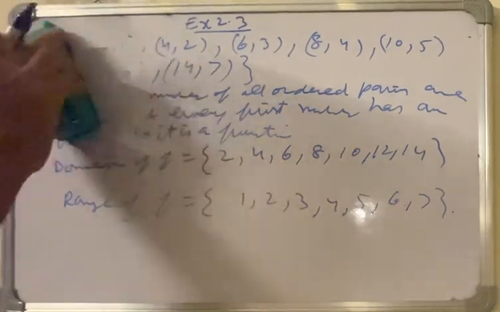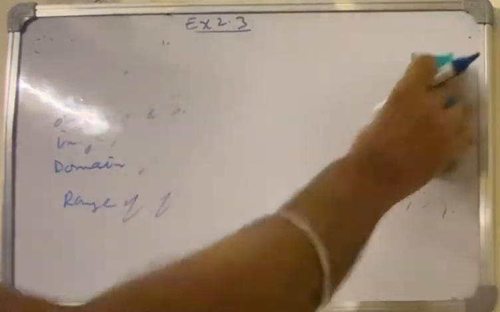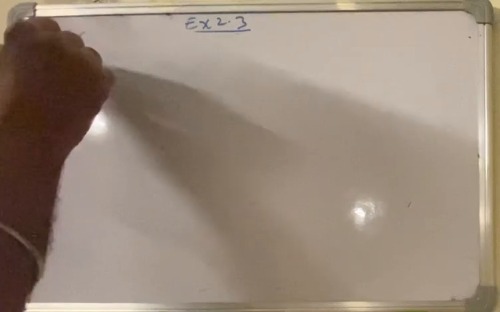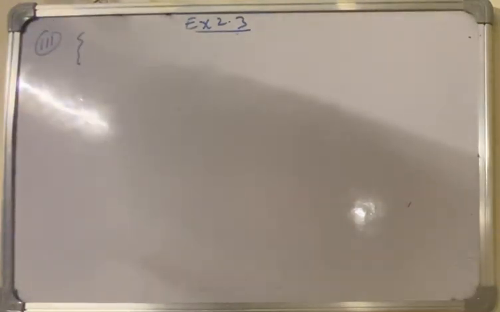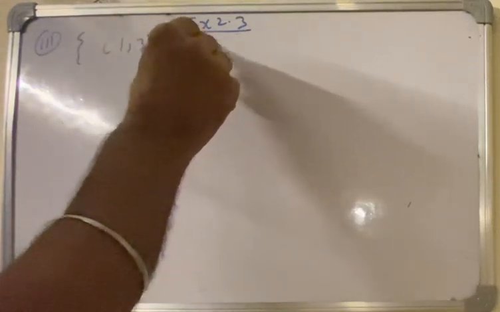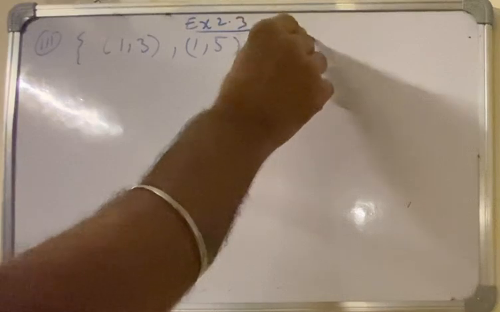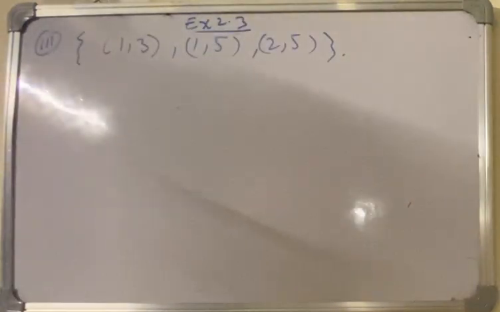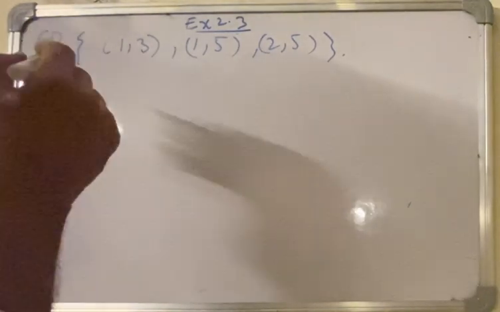Third part. The given relation is (1, 3), (1, 5), (2, 5). Now here you can see the first numbers of the first two ordered pairs are the same. The first numbers of every ordered pair should be different, only then it will be a function.